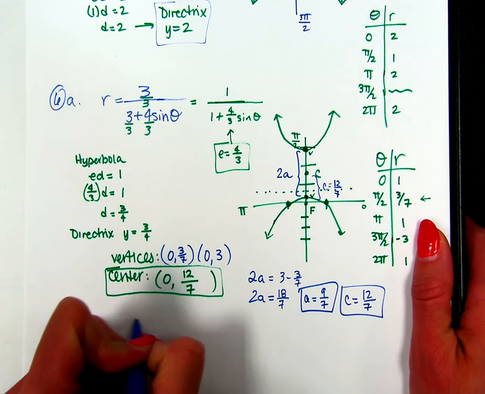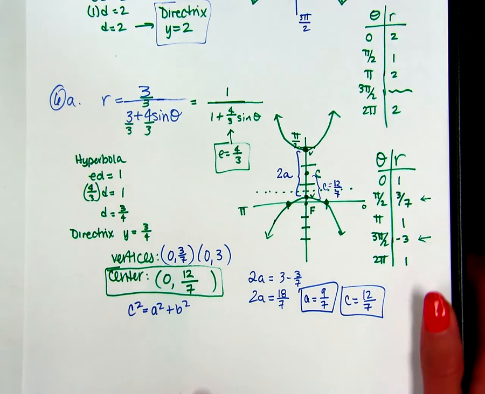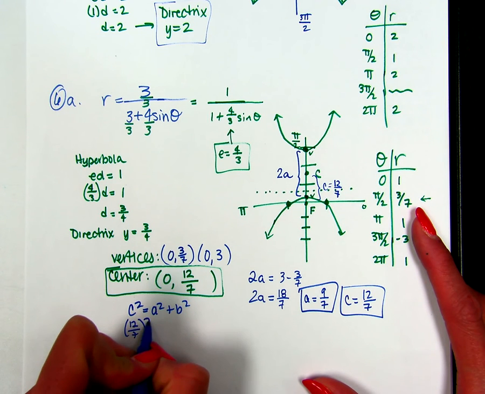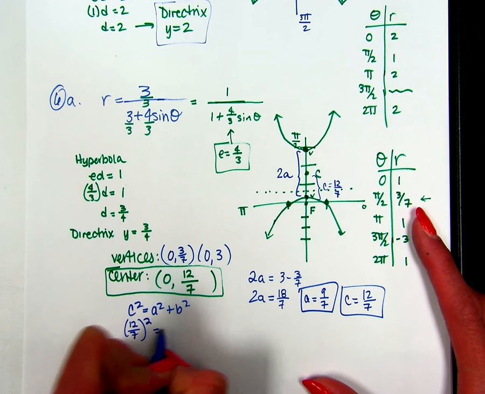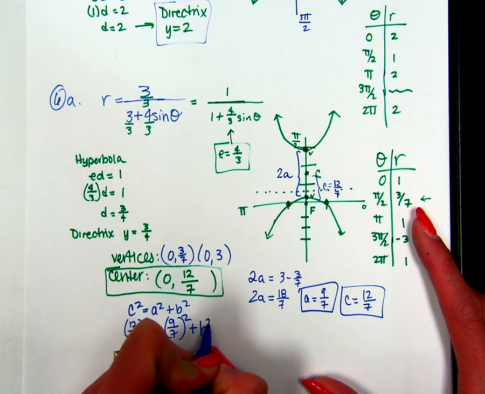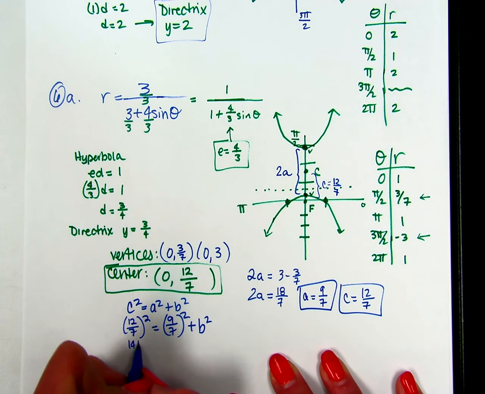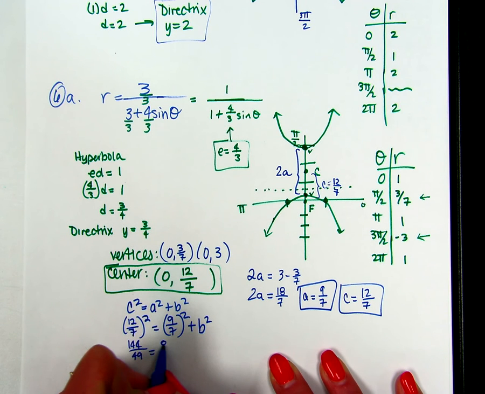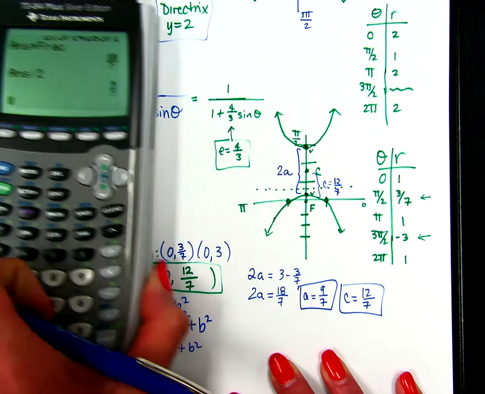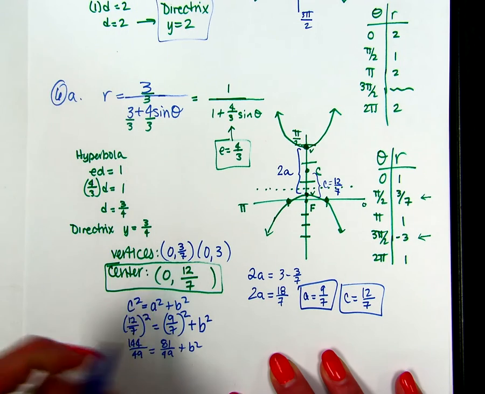And then for a hyperbola, you use basically the Pythagorean Theorem to figure out what B is. So we have (12/7) squared equals (9/7) squared plus B squared. If we solve that, we get 144/49 equals 81/49 plus B squared. So 144 minus 81 gives me 63.